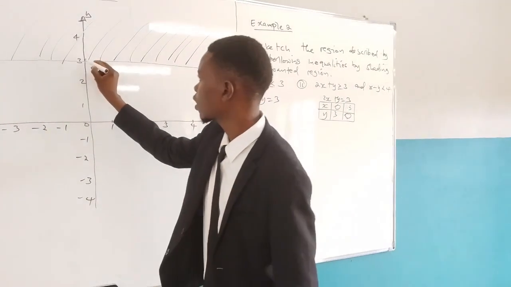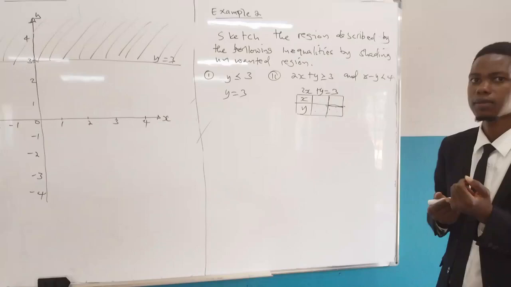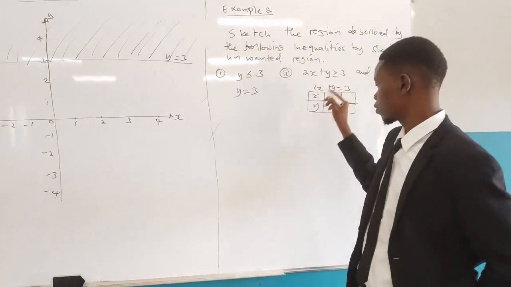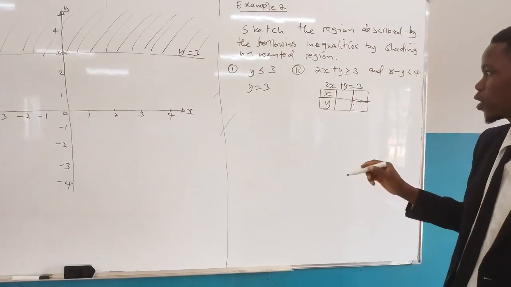Positive 3, that's here. When x is half, 1.5. So for this inequality as well, we are going to apply the same rules that we have done.